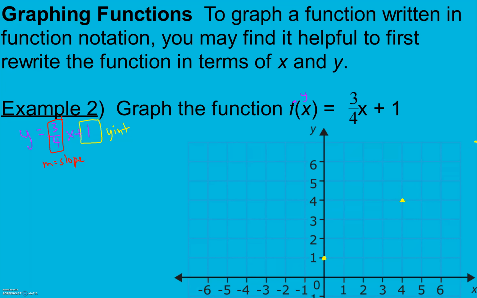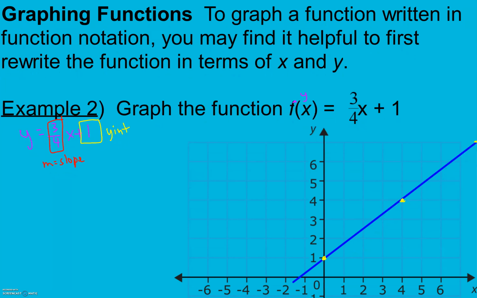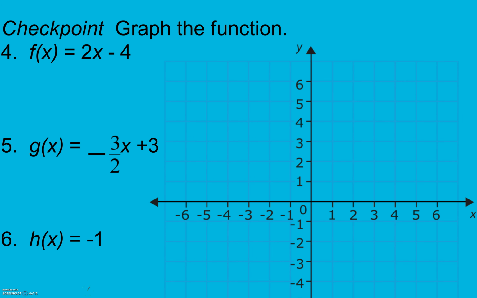And then I can connect those dots with a straight edge, and an arrow to show that our line continues. And then I could label this as line F, or f of x. Feel free to pause here and give these a try if you'd like.